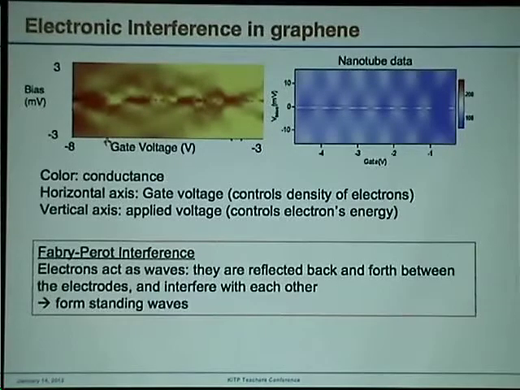When you change either the gate voltage or the bias, both change the kinetic energy of the electrons, and that changes the wavelength, and therefore the standing wave pattern changes. You're going through interference maximums and minimums, and that's why you have this oscillation in conductance as a function of both bias and gate voltage.